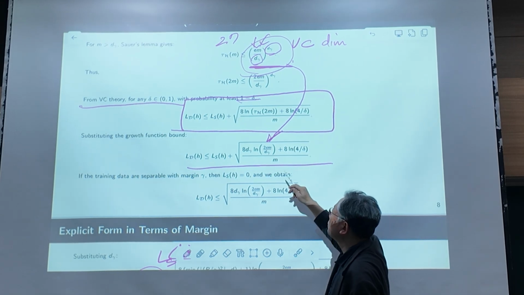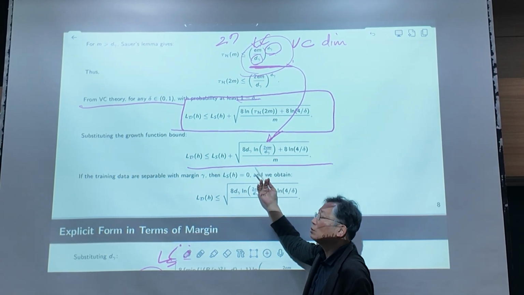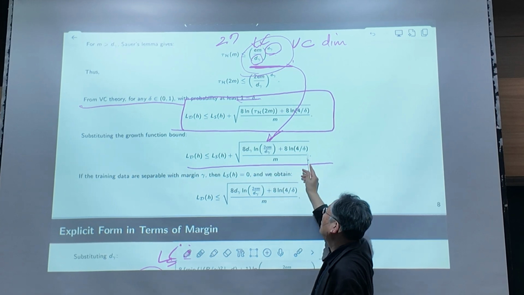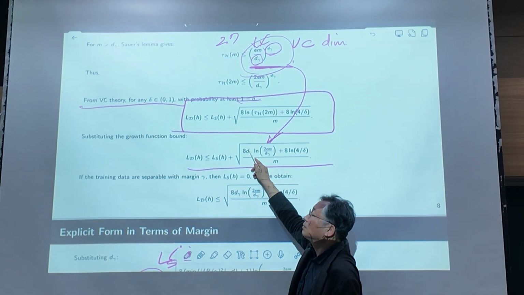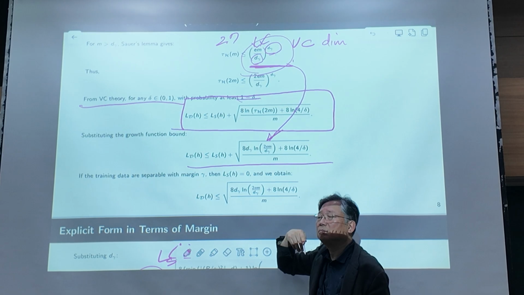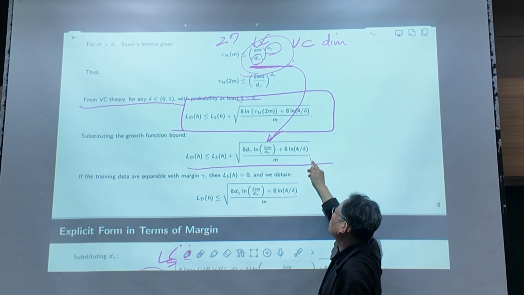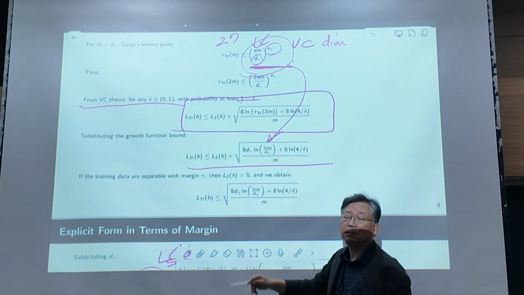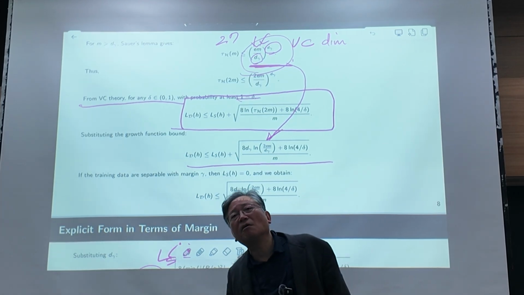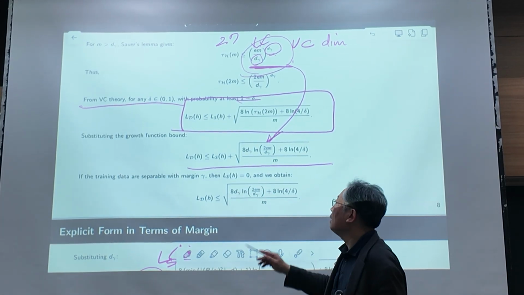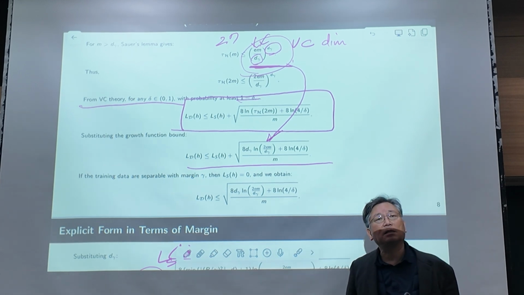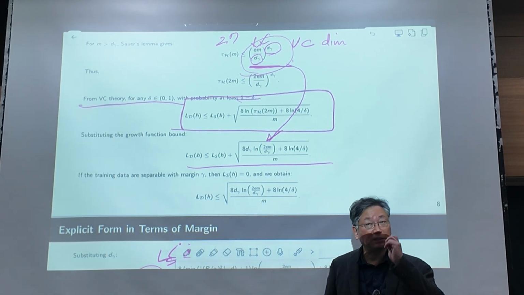The confidence interval is a function of the VC dimension here. And also delta: 1 minus delta is the confidence. And M is the number of data that's available to us.